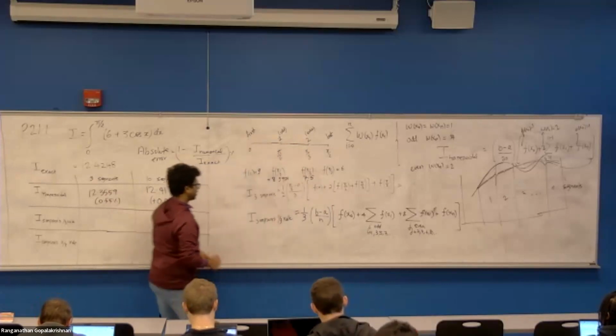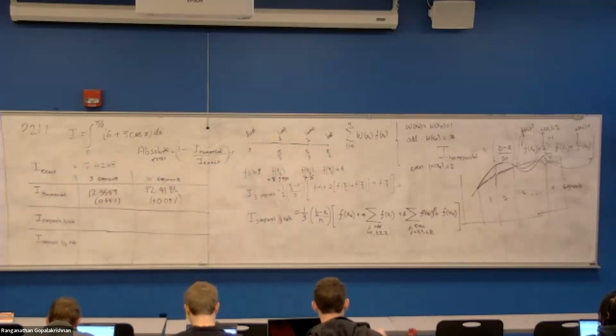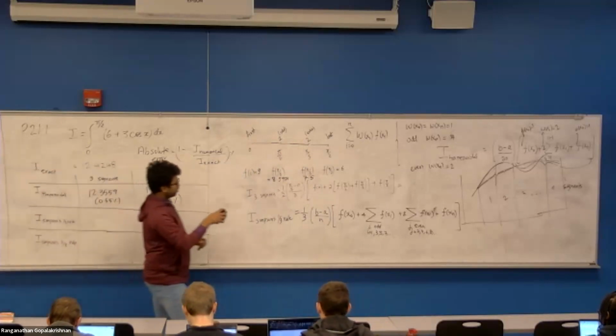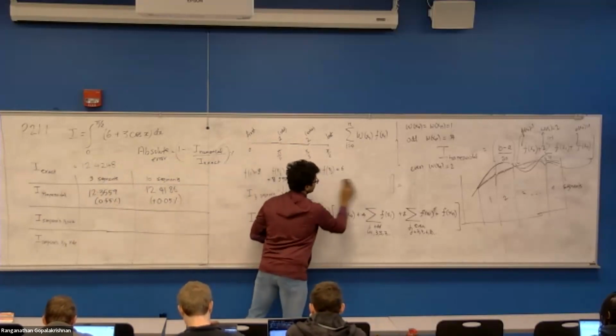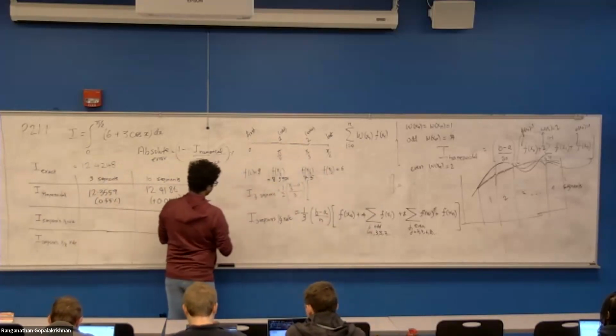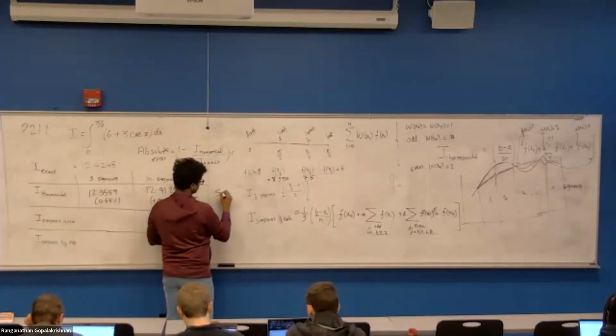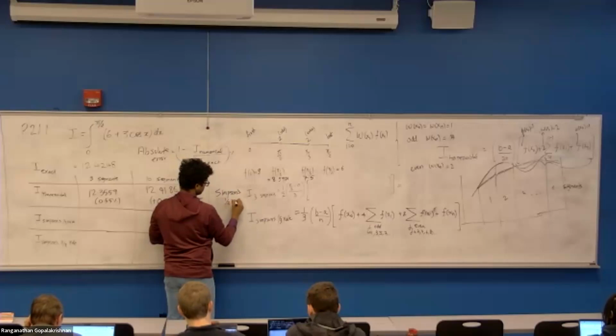So let's redo the calculation. So I 3 segments, Simpson's 1/3 rule.